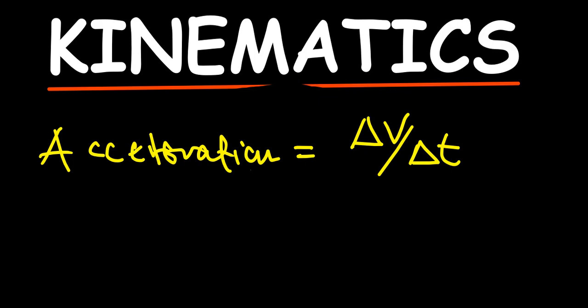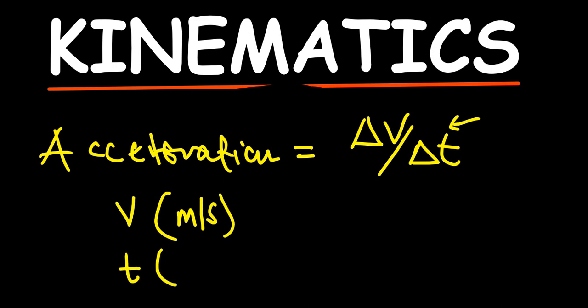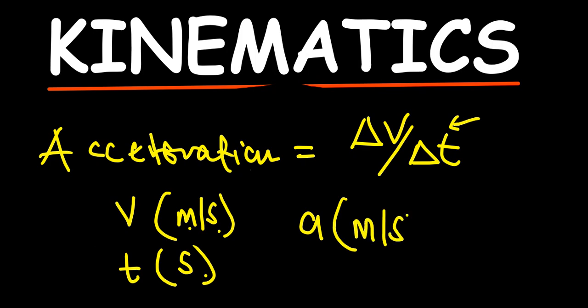The velocity should be on top. We get the definition from this very formula: acceleration is defined as the change in velocity per unit time. We know that velocity, from the previous example, has the units meters per second, and the time has the units seconds. So for acceleration, you divide meters per second by seconds, and we get meters per second squared.